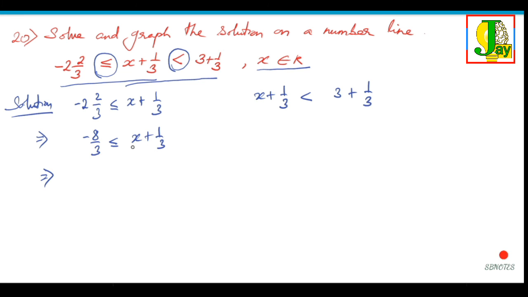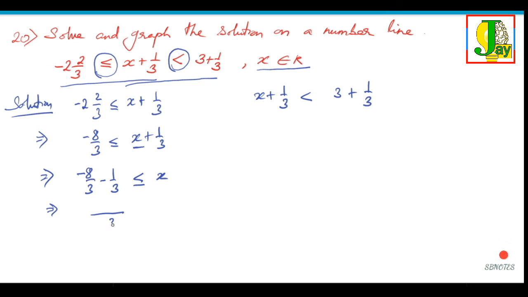Now we need to remove this part because we have the variable here. We'll remove this one, so this goes to that side. Minus 8/3 minus 1/3 is x.